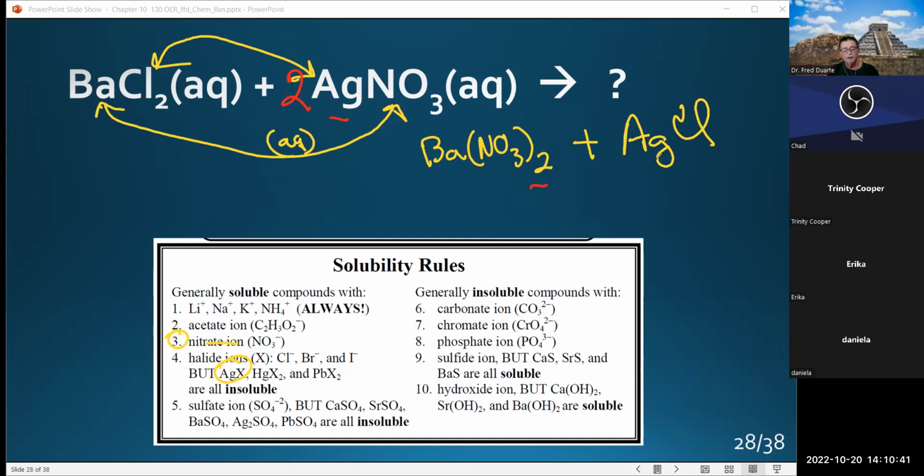So I only got 1 on the product side. So if I put a 2 in front of silver chloride, that takes care of the silver. But then that kicks up my chlorides to 2, which is not a problem. Why? Because I started off with 2 in barium chloride. And then I got 1 barium on the left, 1 on the right. We got a balanced chemical equation.